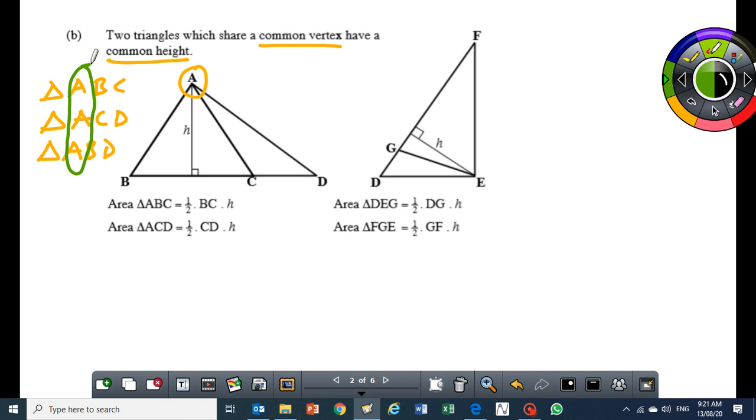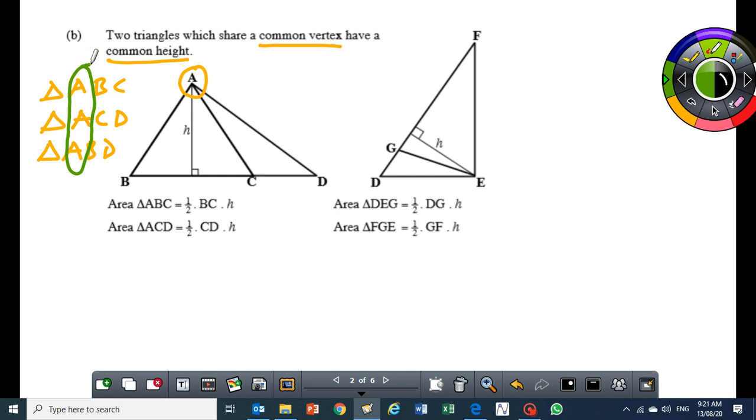Once the height is a common height, it's also very important for you to know that the ratio of their areas will be equal to the ratio of their bases.